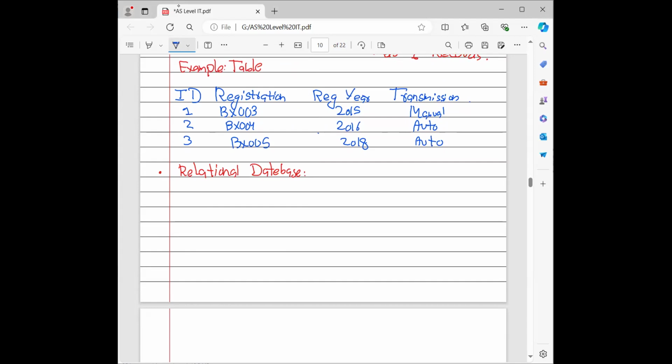One problem with a relational database is that data needs to be managed properly.